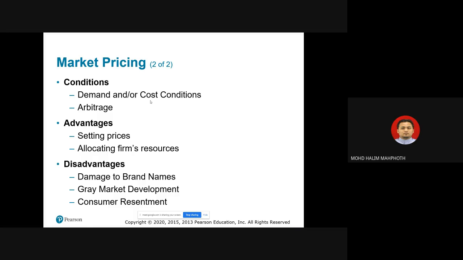And sometimes arbitrage will happen. What is arbitrage? People can compare which country offers a lower price. They will go to that country to get the product. So that is what we have under arbitrage. Usually for this kind of luxury product, you can compare.